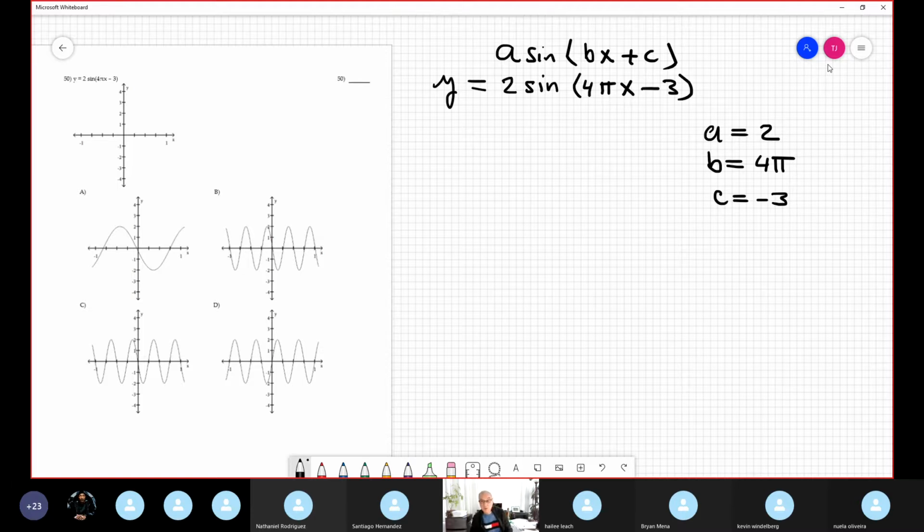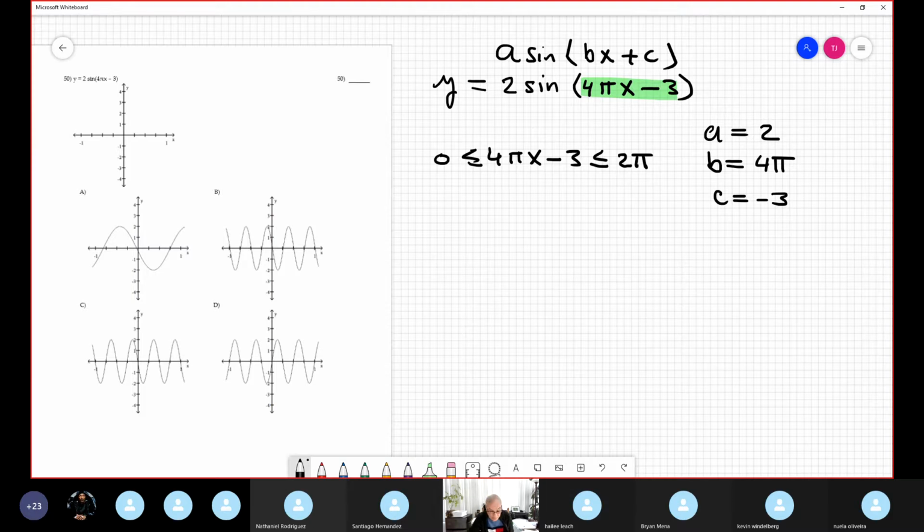You are doing like that. Let me show you. You take the expression inside the parentheses, which is this, and you write 4 pi x minus 3, always in between 0 and 2 pi. It's actually one period of the common sine.